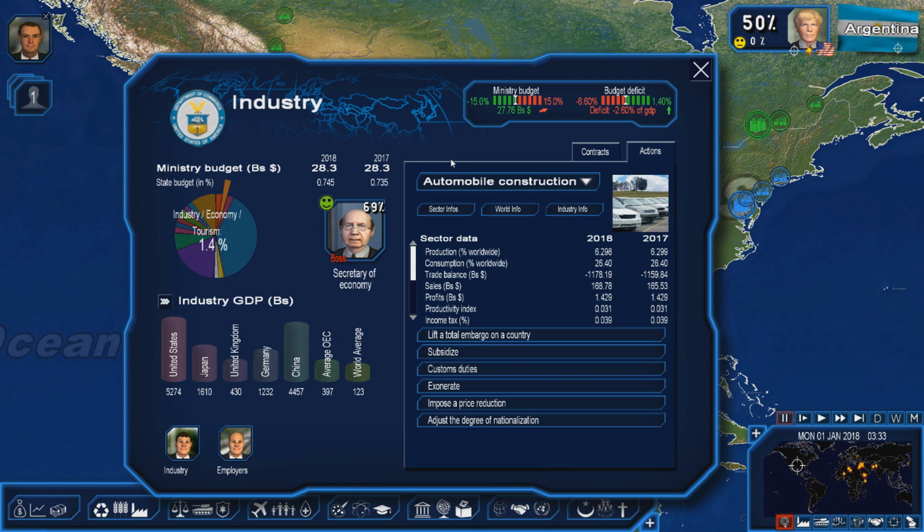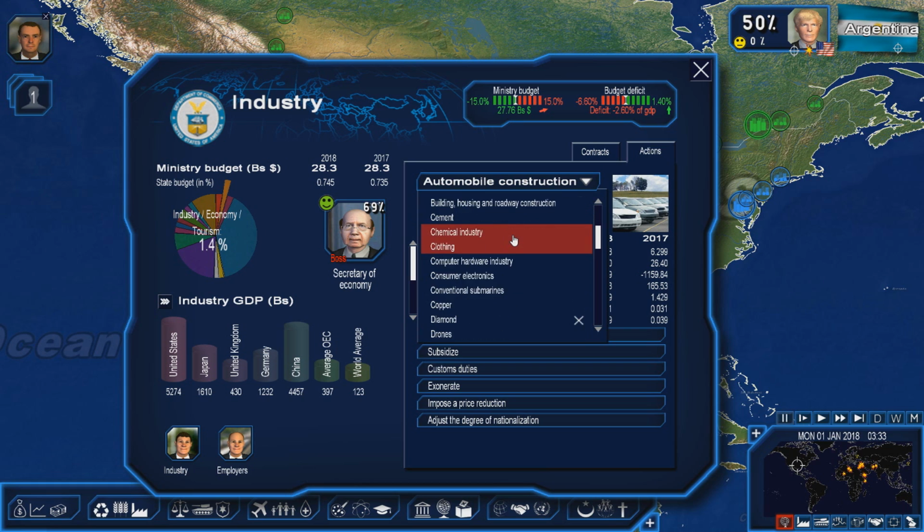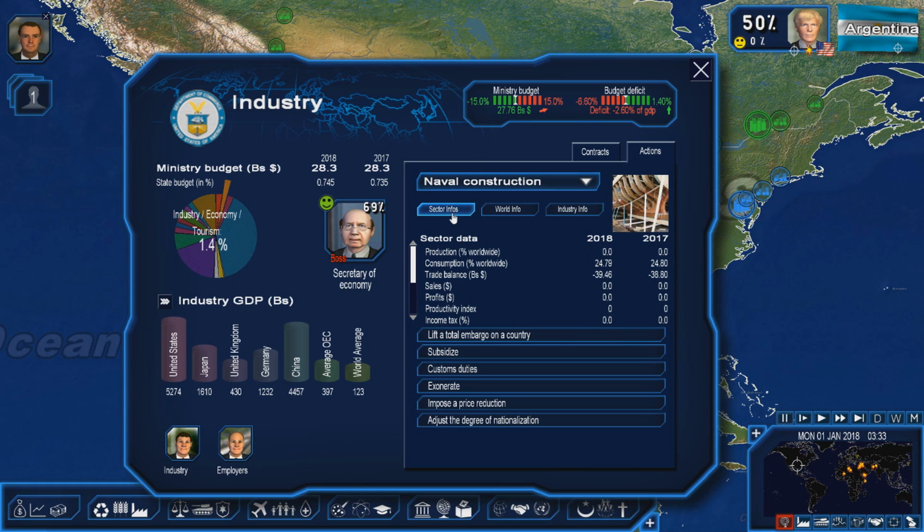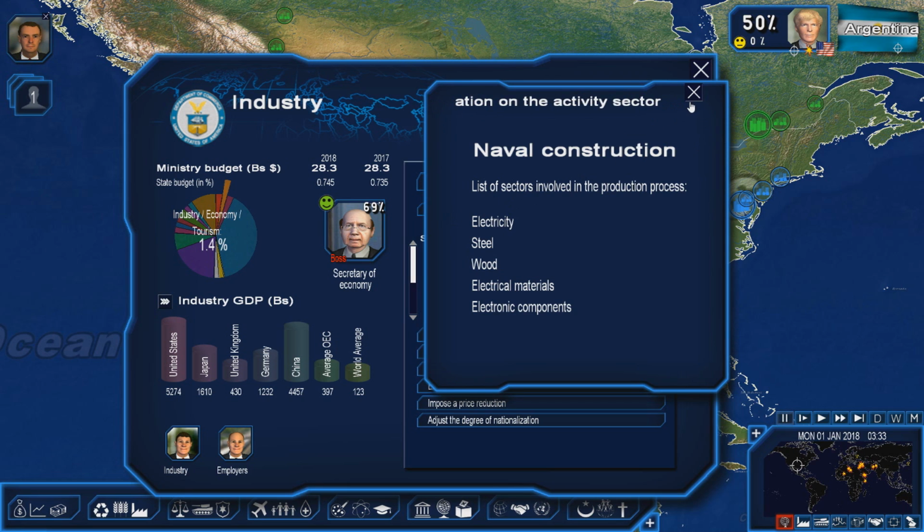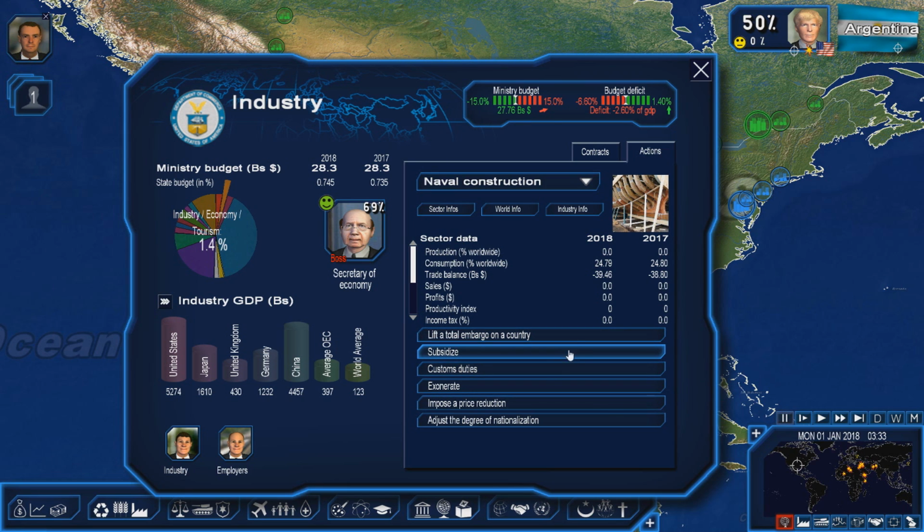It really does hurt your sales of that product, and it's not going to allow you to develop it as easily. But something you should actually do, come over to naval construction and put a tariff on that. That would be easier.